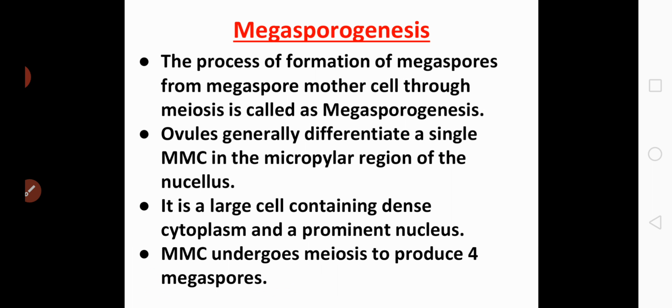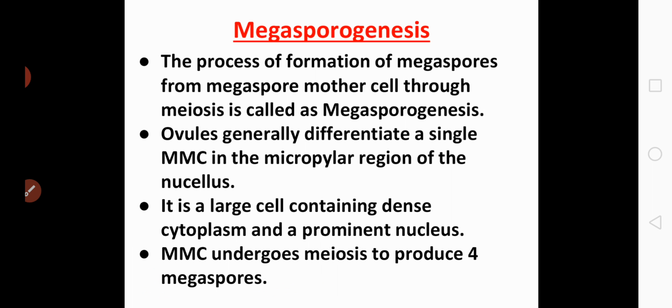To explain this topic, let me recall the points of structure of megasporangium. Megasporangium is also called as ovule, right? Now, each ovule contains several parts. The stalk of the ovule is called as funicle.